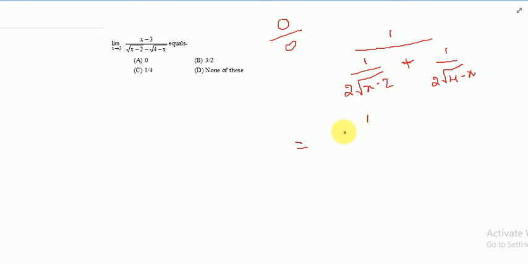Then what happens? 1 divided by 2 into square root of 3 minus 1 will be 1, plus 1 divided by 2 into square root of 4 minus 3. It will be 1 again. Therefore this is equals to 1 divided by 2 plus 1 by 2, 1 by 4. Hence it will be option C.